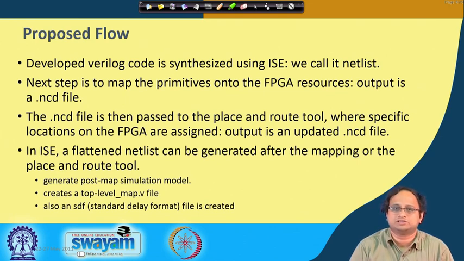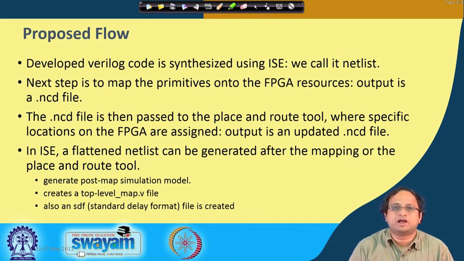The ISE tool does it for us, and the output is called a .ncd file. This .ncd file is then passed to the place and route tool, again a part of the Xilinx tool chain, where specific locations on the FPGA are assigned, and the output is an updated .ncd file. So, you get an improved version of the .ncd file.